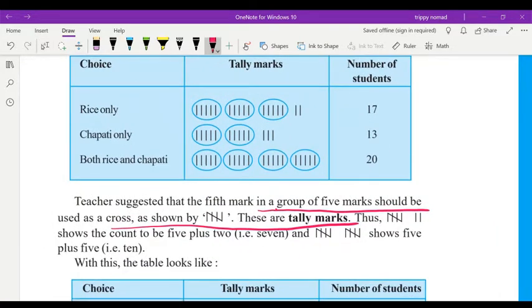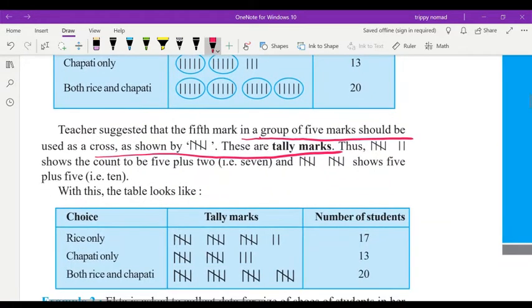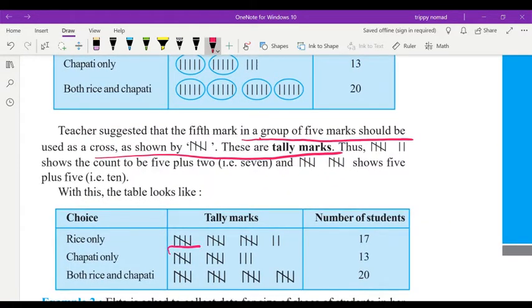You see here 1 2 3 4 5, 1 2 3 4 5. Instead of writing this exactly, in statistics we write it this way: for 5, we put 1 2 3 4 lines, and then we cut across them. That means this is a group of 5. So these are called tally marks.